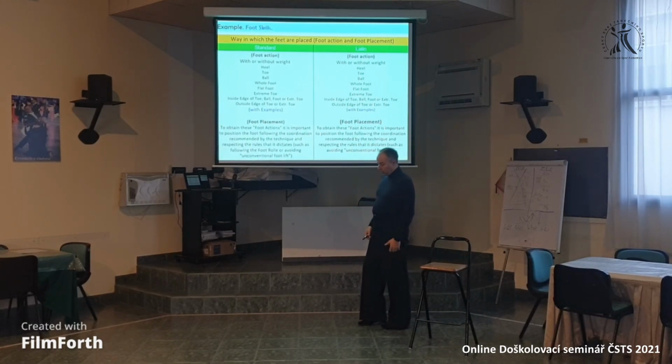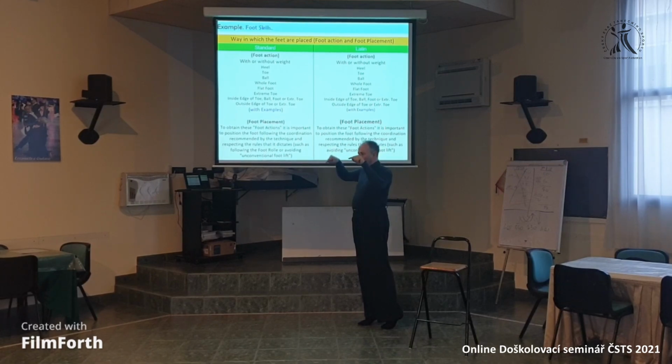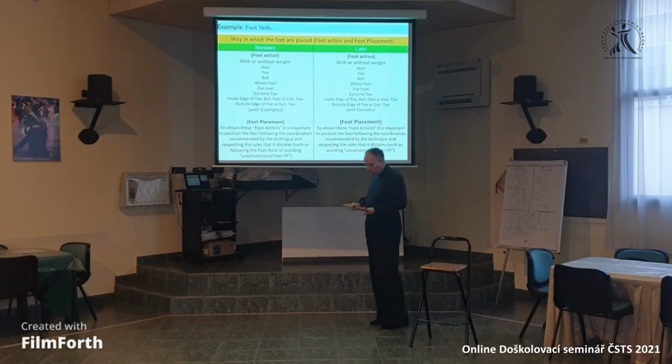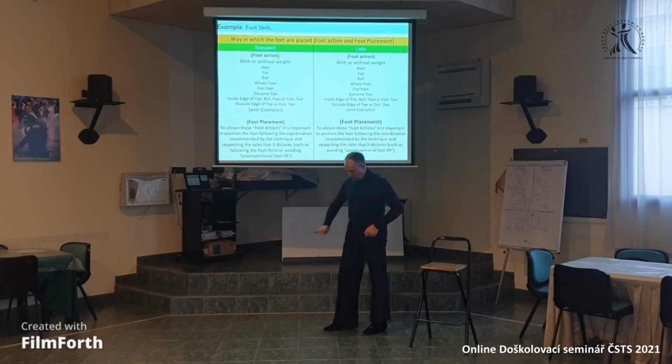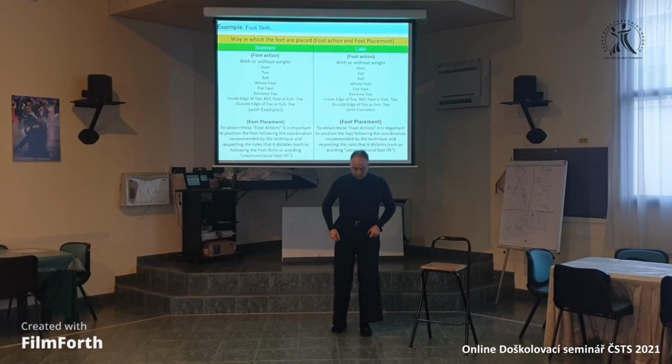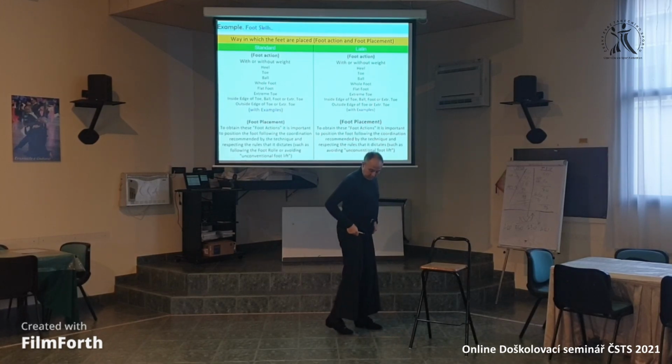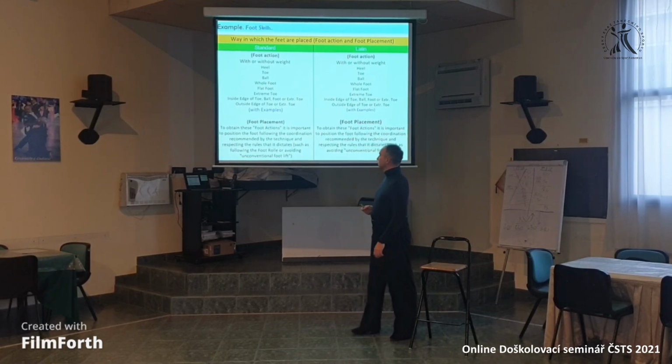Then ball, which is anything under the toe, since the foot is going down into the floor. The whole foot and the flat foot are the same thing, because in both cases you have all the foot on the floor. But if you go in a direct movement, like happening in tango, this is all foot. If you go in a rolling movement, like this, in this case it is flat foot.